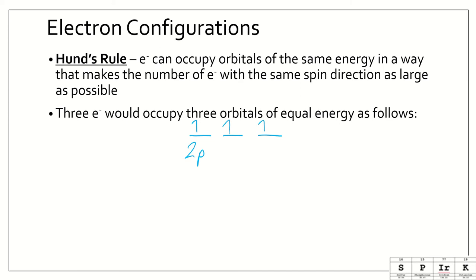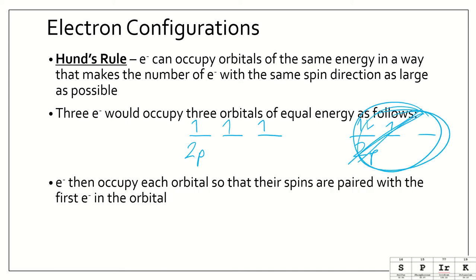So we have to space them out since we're within the same energy level. Since we're in the same energy level, they have to get spaced out first before we pair them up. So we do not fill it like this, 1, 2, 3. This is no bueno. We do not fill this in this way.